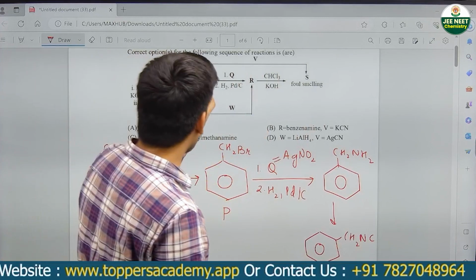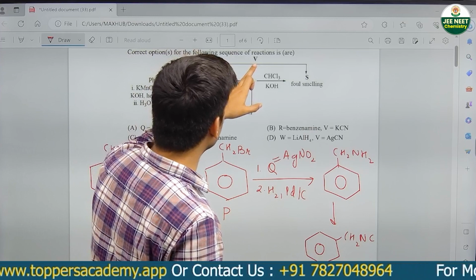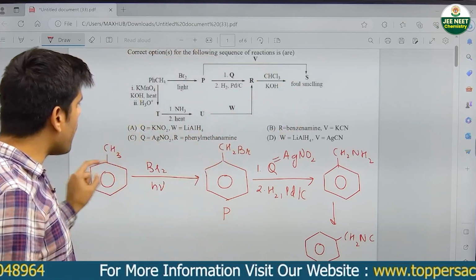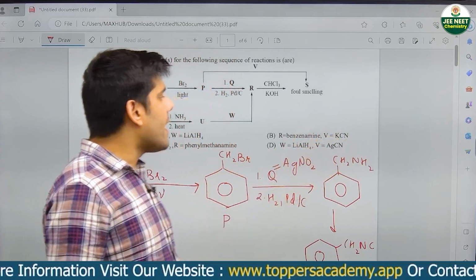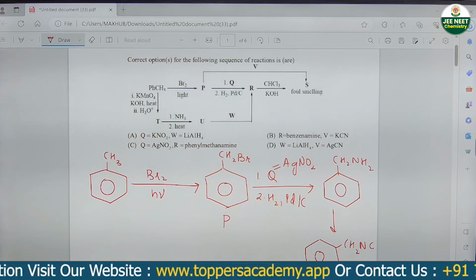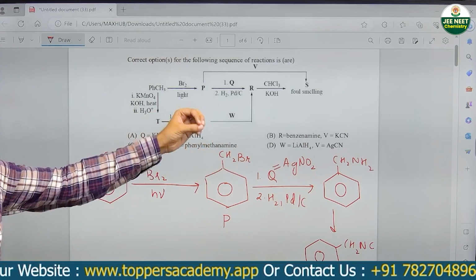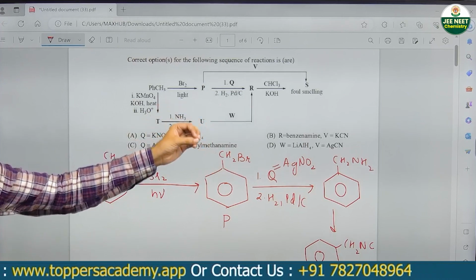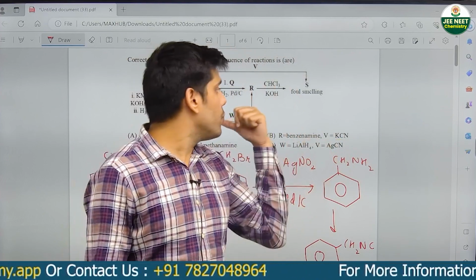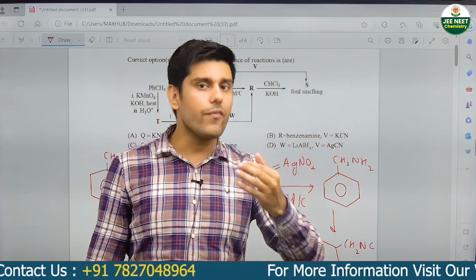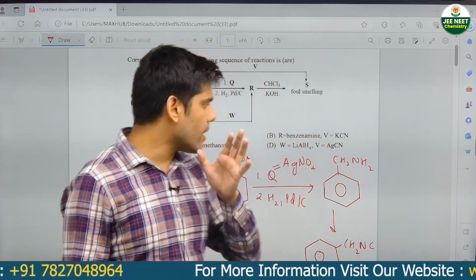Now, P on treatment with V gives you S. So if you see here, it is AgCN and it is KCN. So obviously, what can V be? If we treat it with KCN, we get the cyanide compound. And if we treat it with AgCN, we get the isocyanide compound.